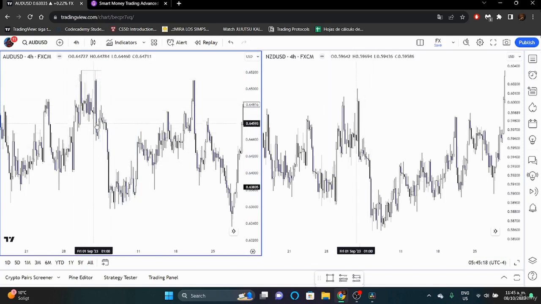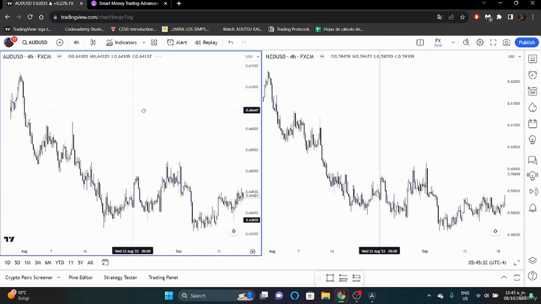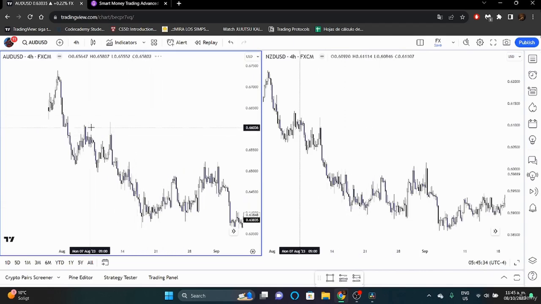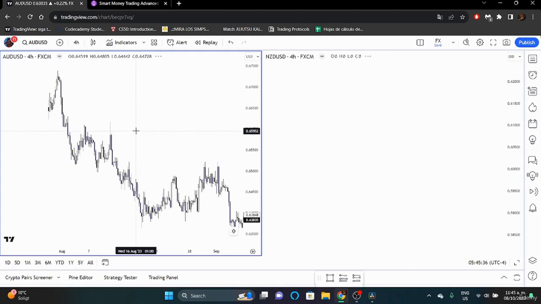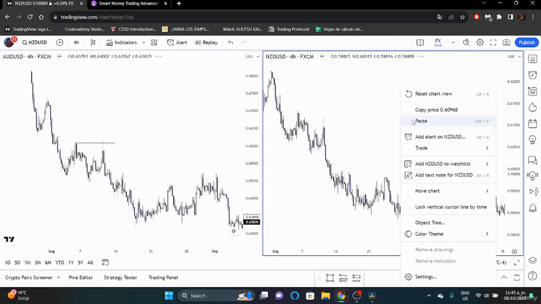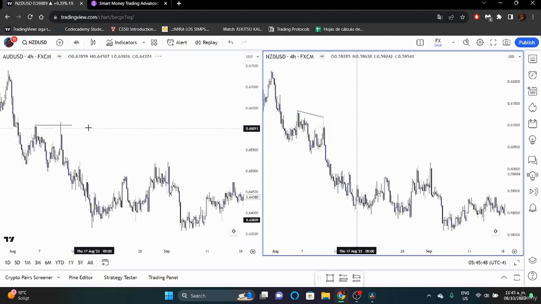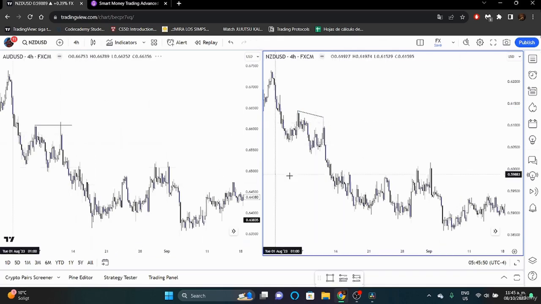We fall, we break the structure, we change delivery, we tap into an order block right here, and we go lower. Where? For the liquidity. We take the liquidity, we go higher. AUD was, at this point, the SIG pair, and here the leadership pair was NZD, because the shorts were winning every time.